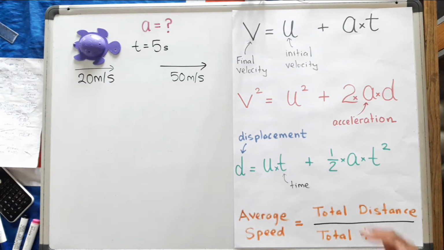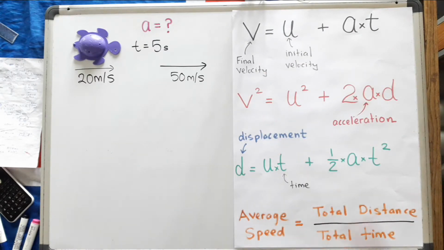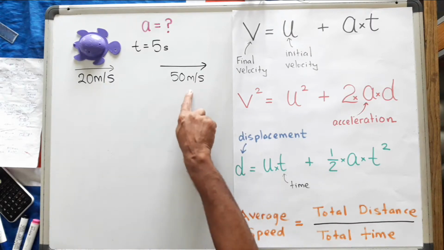So we have to choose a formula with an A in it. The black one has an A, the red one has an A, the green one has an A. That's really not helpful. Let's try another way of figuring out which one to pick. There's a starting velocity and there's an ending velocity.